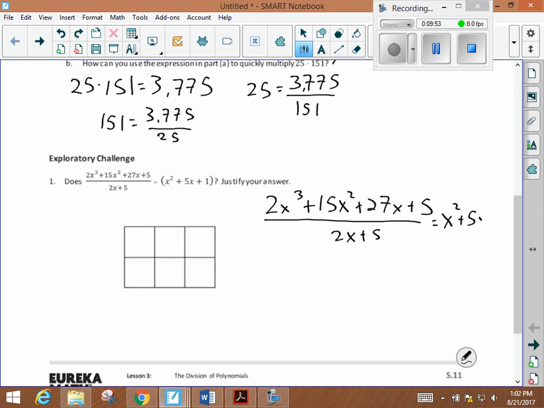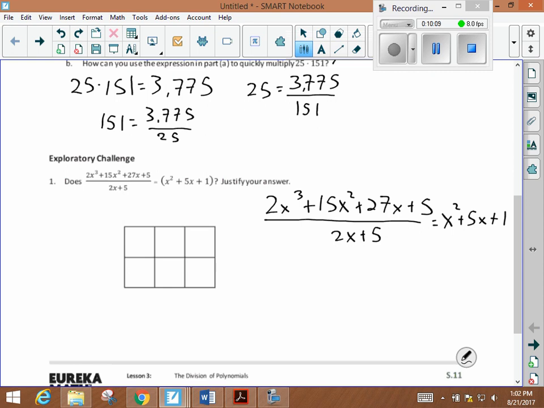All right, so if I multiply both sides by 2x plus 5, on the left-hand side, the 2x plus 5 will cancel.